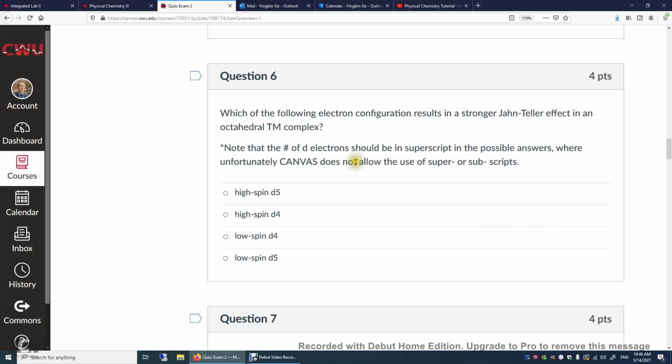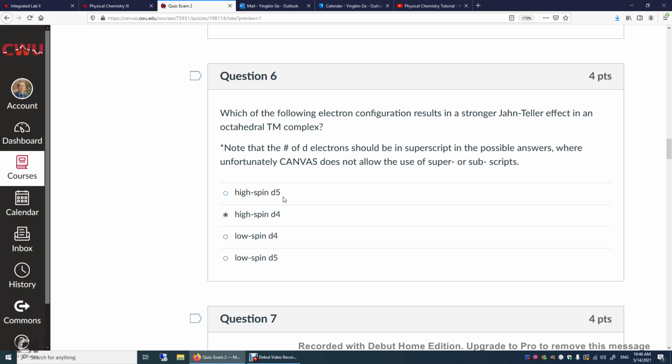So now we can easily answer this question. When you have high spin d4, we have 1 electron in the eg orbital. So this results in a strong Jahn-Teller effect. High spin d5, no Jahn-Teller effect at all, because you have 3 electrons in the t2g orbitals and 2 electrons in the eg orbitals.